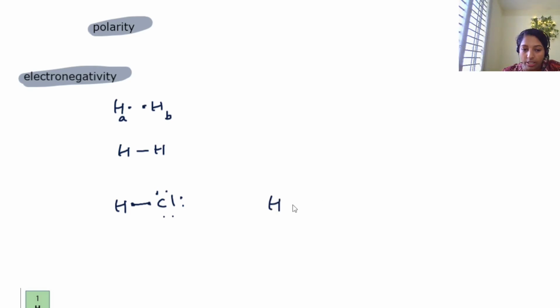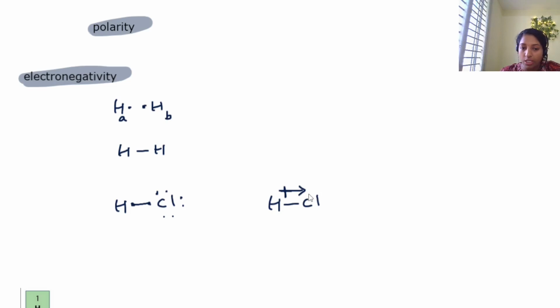In HCl, the sharing is not equal. The electron is slightly shifted to the chlorine side. You can show it with an arrowhead pointing towards the more electronegative atom, with the positive side at the other end.